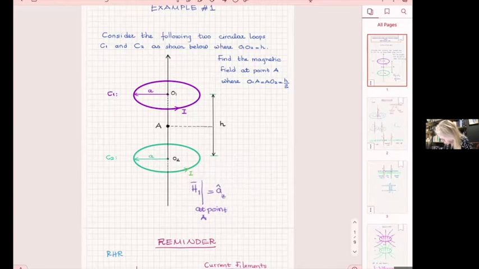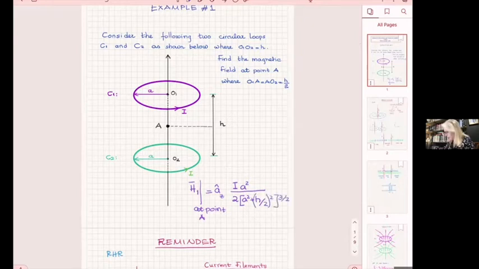and is equal to the current times the radius squared divided by 2, and then you have A squared plus H squared, where H is the distance O1A, and H over 2 squared in this case, because it's at a distance H over 2, and that's to the 3 over 2 power, 1.5 power.